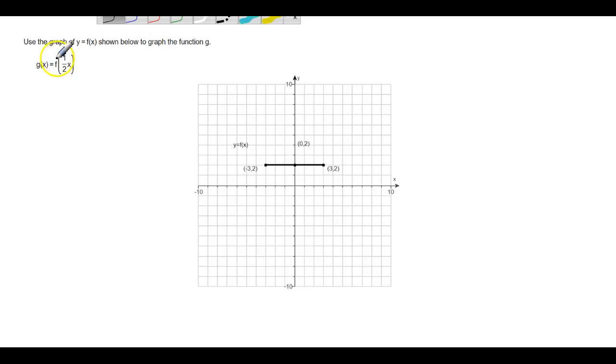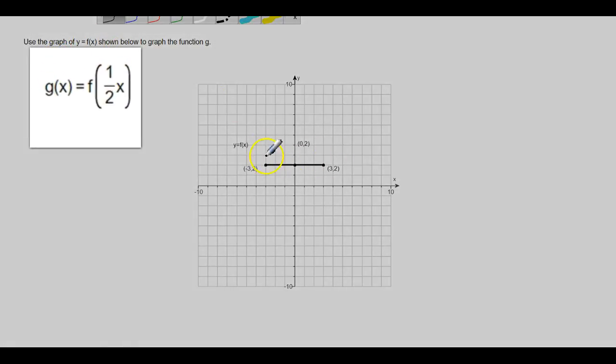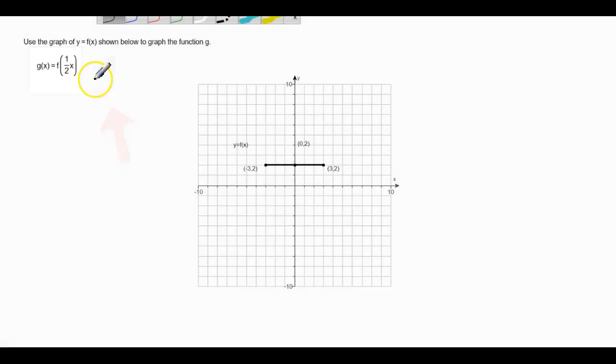I take the old f function, which is just this, everything goes to 2, but I'm halving everything before I put it in there and assign it to 2.